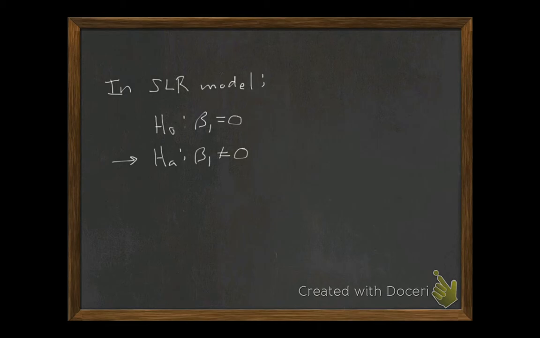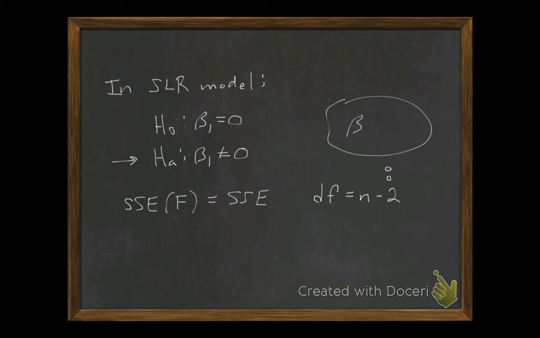We should know that the error sum of squares for the full model has degrees of freedom n minus 2. And again, why the 2? Beta 0, beta 1, right? And the error sum of squares for the reduced model is just the sum of squares total, which we should know has degrees of freedom n minus 1.